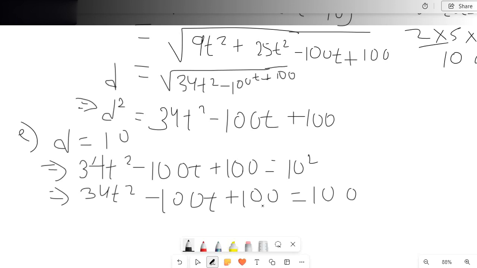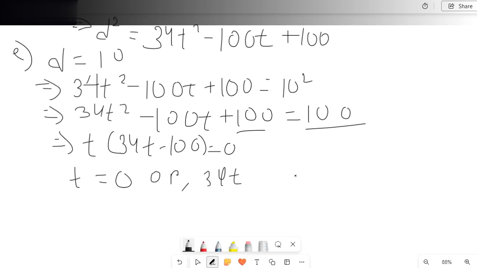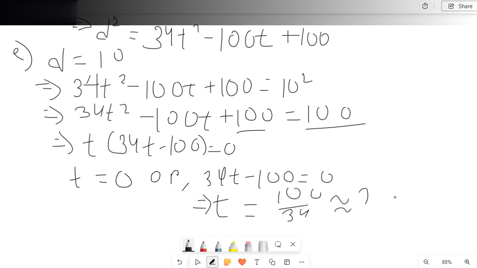So because we have hundreds on both sides, we can cancel each other out, and so taking a common factor of t here, we can say that t multiplied with (34t minus 100) is equal to 0. So we can say either t is equal to 0 or 34t minus 100 is equal to 0, and rearranging for t, we have t is equal to 100 by 34, which is approximately 2.94 hours.